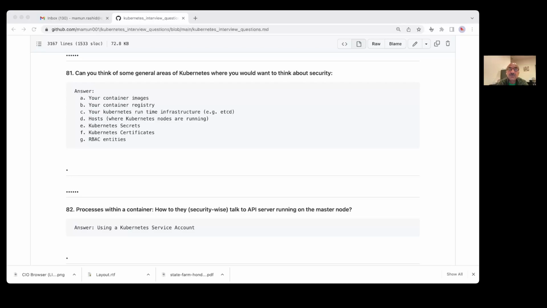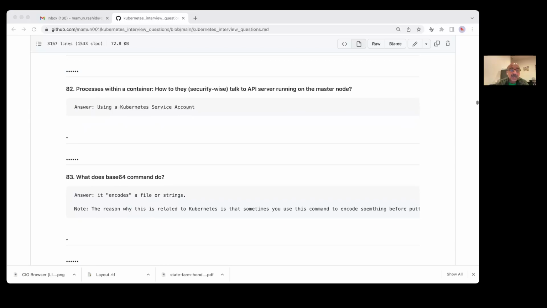The interviewer is looking for your ideas about security, because today in the DevOps world, security is everywhere from day one to day end, right? All right, next question. Processes within a container, how do they talk to the API server? So in a container, whenever there's a container running or a pod running, there's always a default service account.